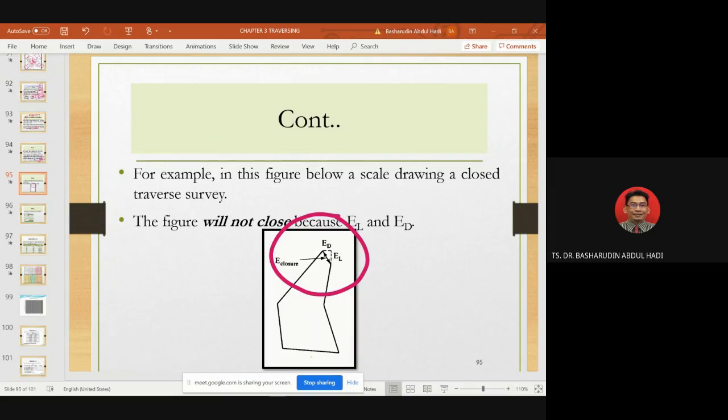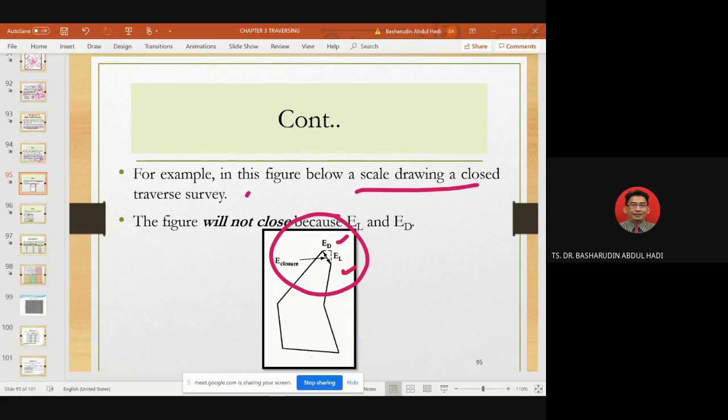According to the coordinates, there is error in departure and error in latitudes. For example, in this figure below, a scale drawing of a closed traverse survey, the figure will not close because of EL and ED, the error in latitude and error in departure.